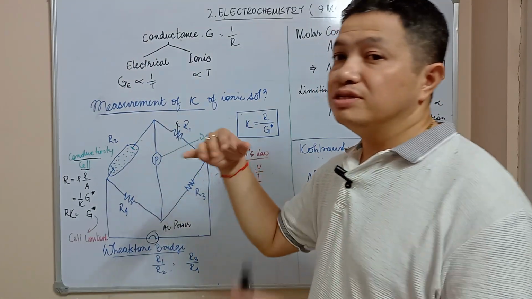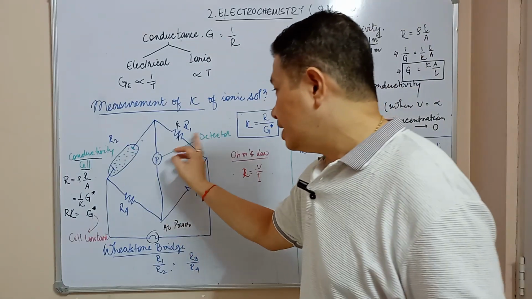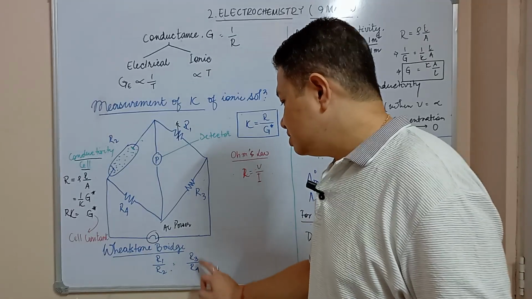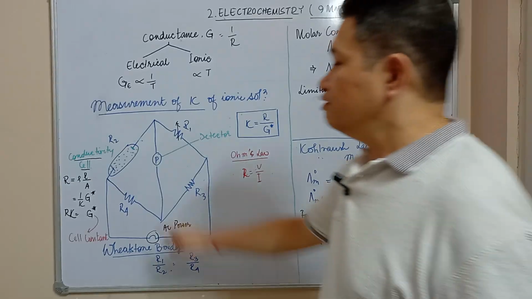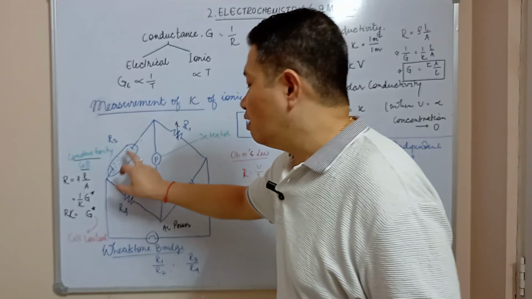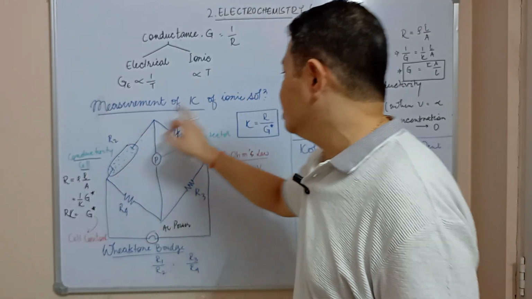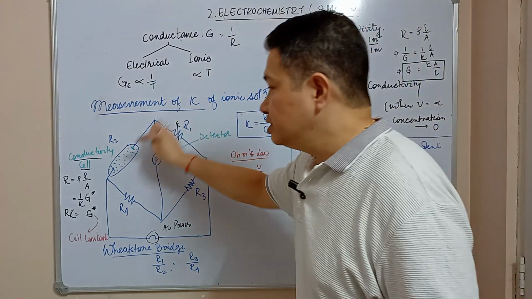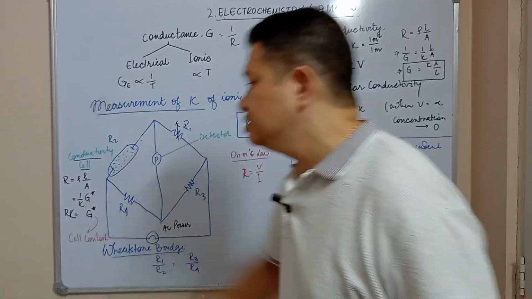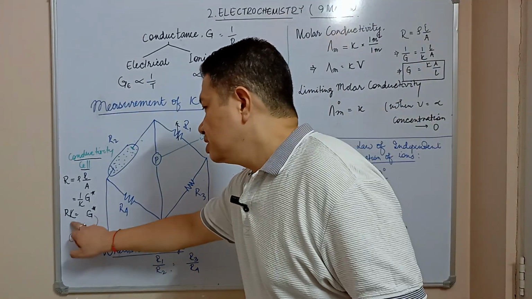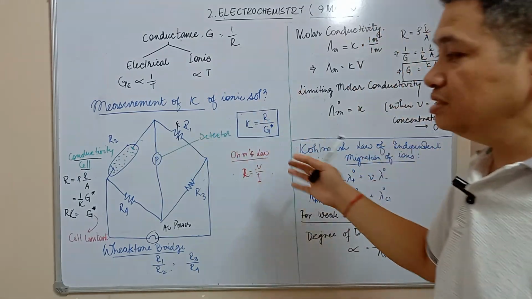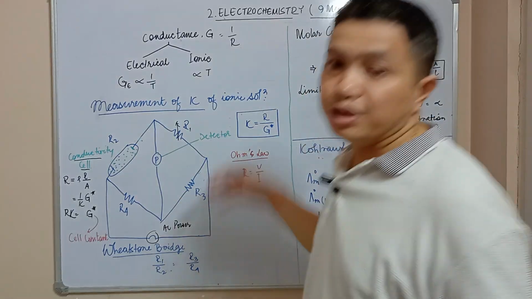So knowing the values of R1, R3, and R4, R2 can be calculated. R2 means the resistance of this conductivity cell, in other words, the resistance of the ionic solution that you're putting in. Since you know the resistance and you already know the cell constant, the conductivity can be calculated. This is how the conductivity of an ionic solution is measured using the Wheatstone bridge.